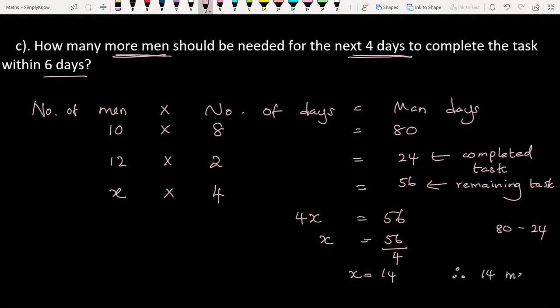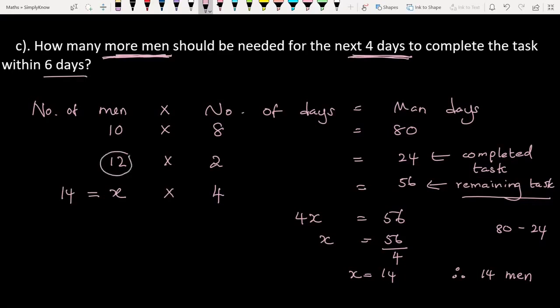Therefore, 14 men are needed to complete the remaining task. What the question requires is how many more men are needed for the next 4 days. Then what do you mean by more men? This means for the first 2 days they need 12 men.